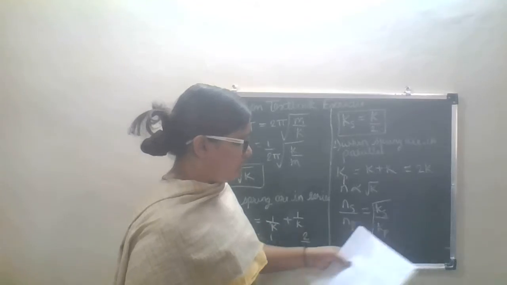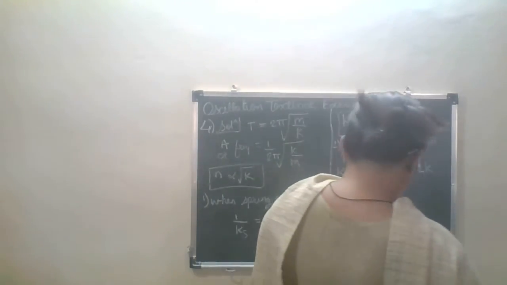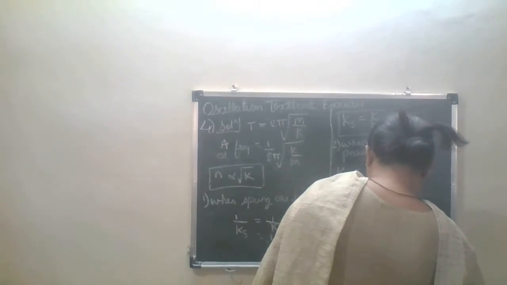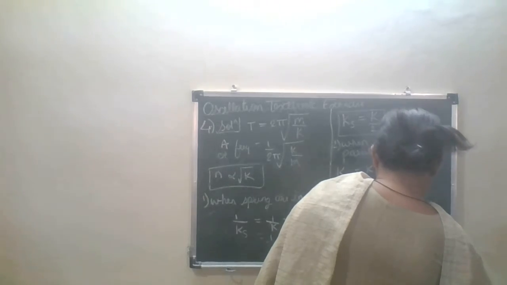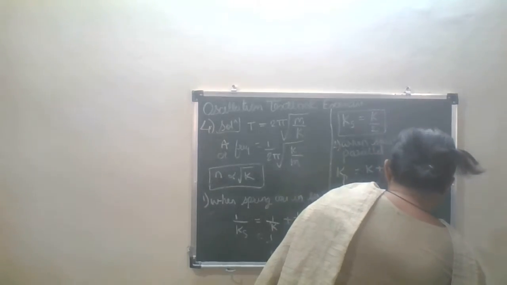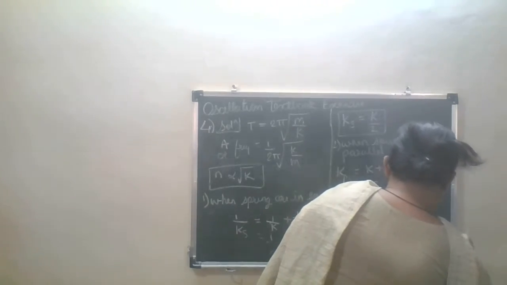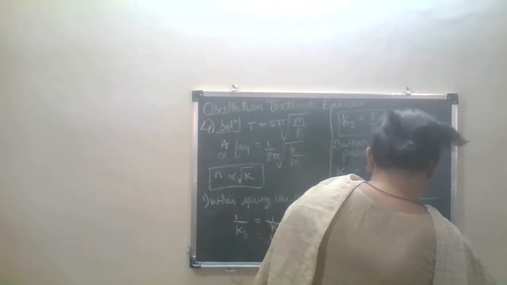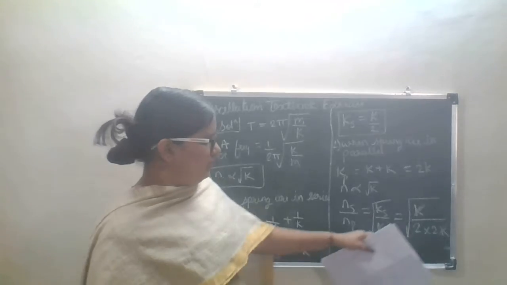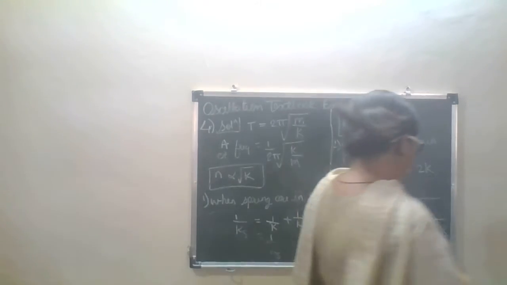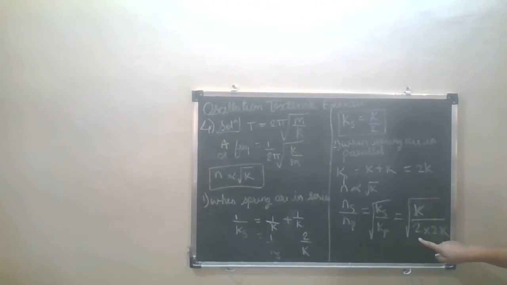Further, we will solve this step. Here it will be k upon 2 into 2k.